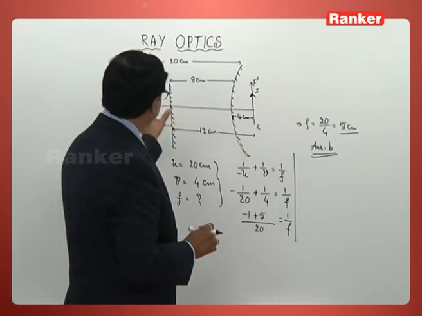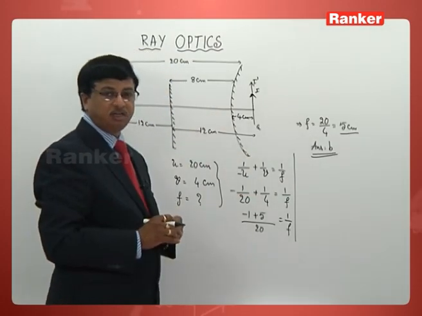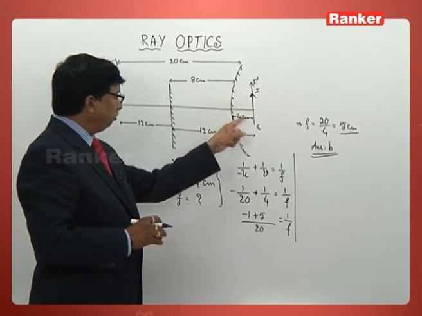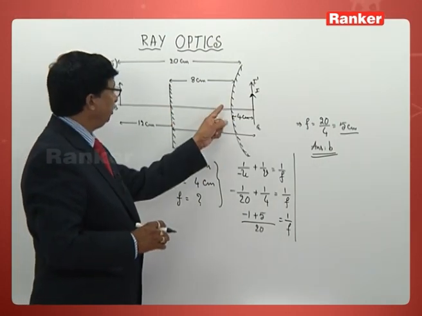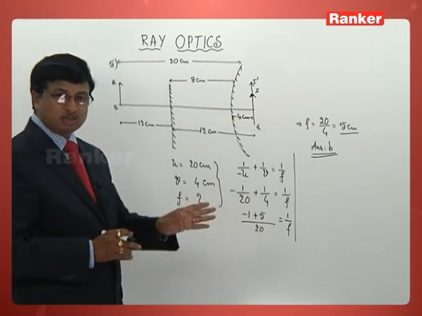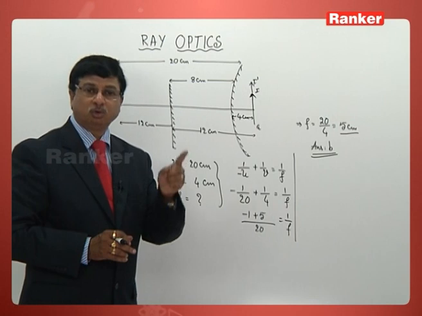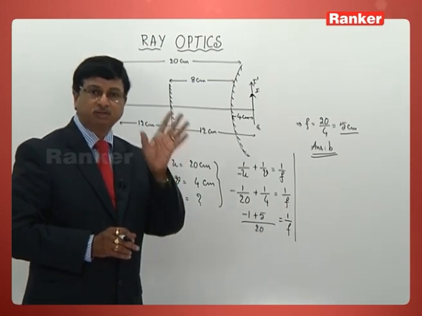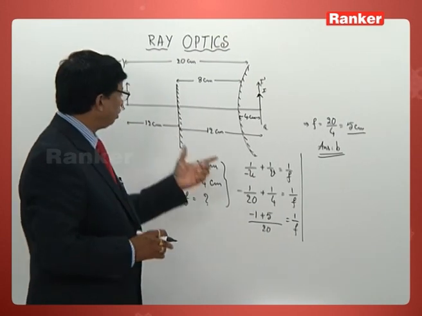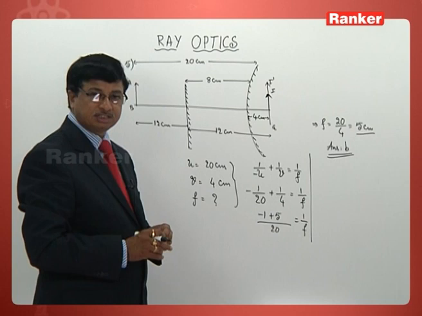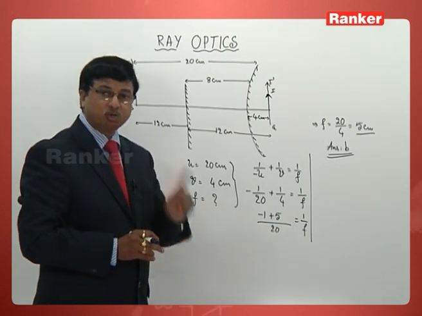The only thing you should understand in this entire description, once again I will repeat: the image formed by the plane mirror and the image formed by the convex mirror, both are no doubt virtual and both are coinciding with one another. That is the clue he is giving us in the problem. So automatically the object distance and image distance as far as the plane mirror is concerned are supposed to be equal.